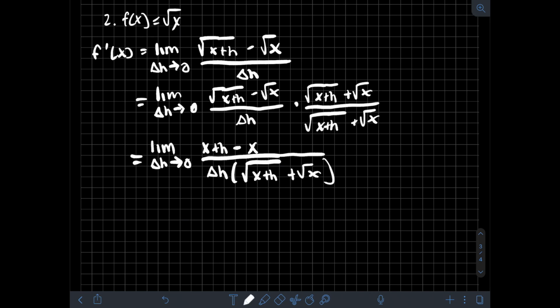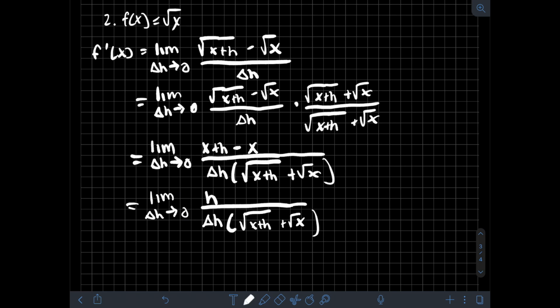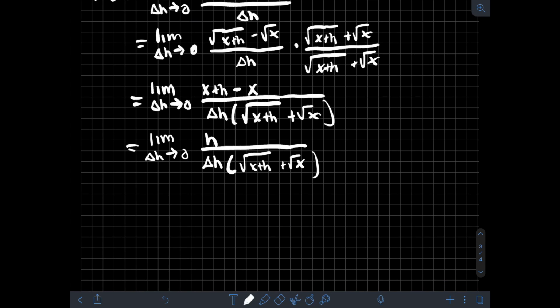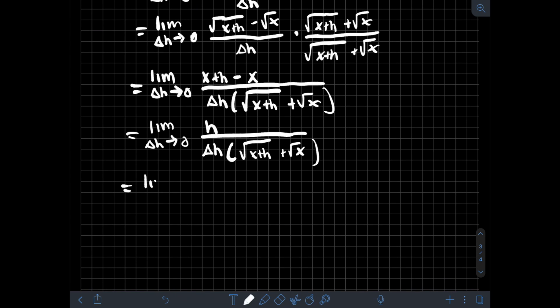Now if we cancel out like terms in the numerator, we get the limit as h approaches 0 of h over h multiplied by square root x plus h plus square root x. And we see if we divide by h that we get our limit to now be equal to the limit as h approaches 0 of 1 over square root x plus h plus square root x.